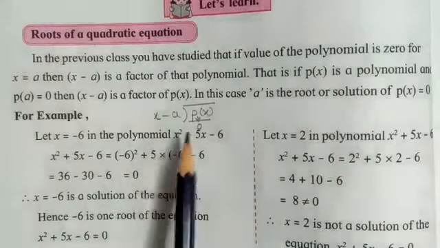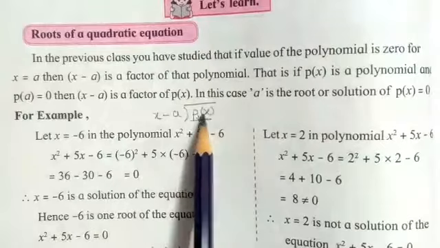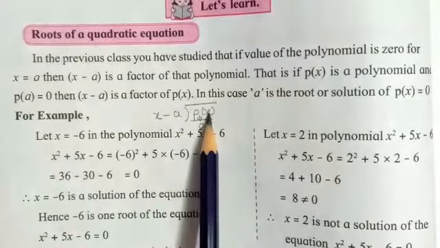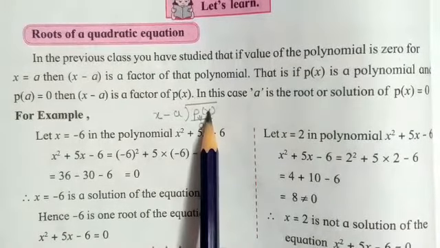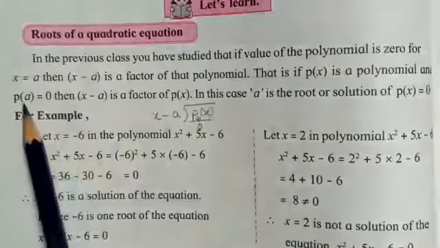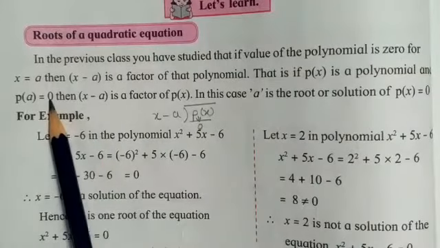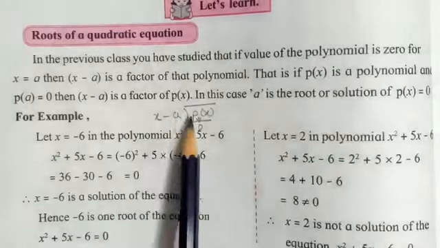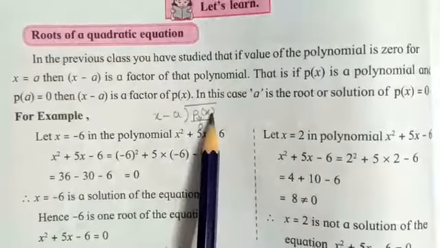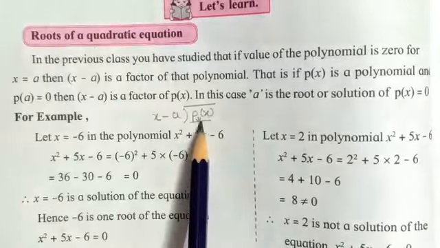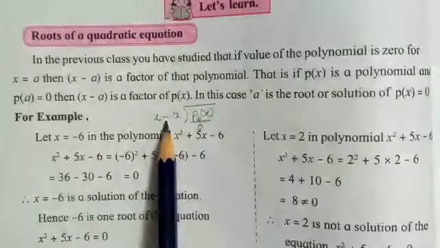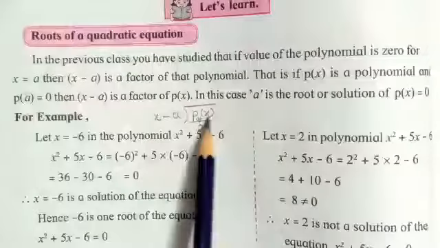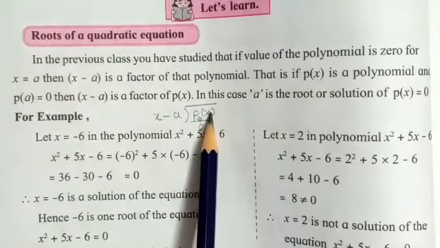It is somehow like this. Here the polynomial of x is p(x), and p(a) is 0. It means that if x minus a divides this polynomial and the answer comes 0, then x minus a is called a factor of this polynomial.